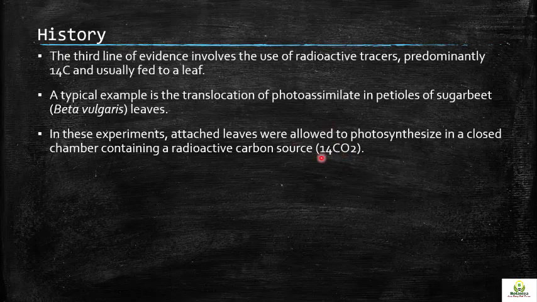In that chamber there was no carbon 12; all the carbon present was the heavier carbon 14. So whenever the plant photosynthesized, the carbon fixed in the Calvin cycle would be C14 and not C12. When C14 is fixed in the Calvin cycle, triose sugars are formed.